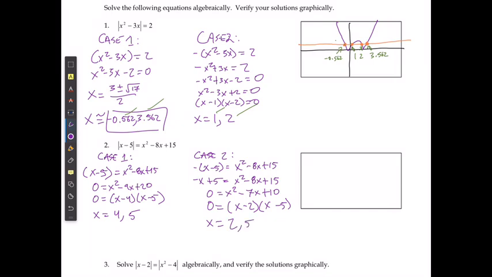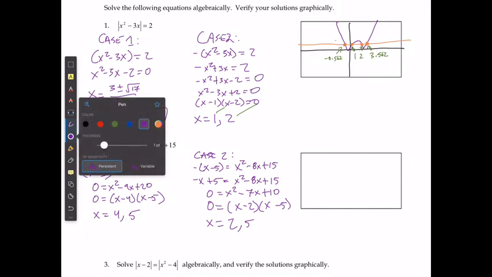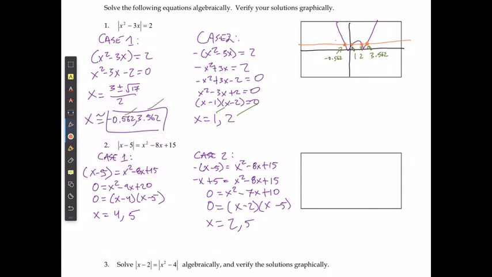5. Well, I know that I got 5 in both cases, but I'm only going to include the 5 from my original function so that I'm not including the invariant point twice. So I'm going to call that extraneous or unnecessary. I don't need to state the 5 twice.